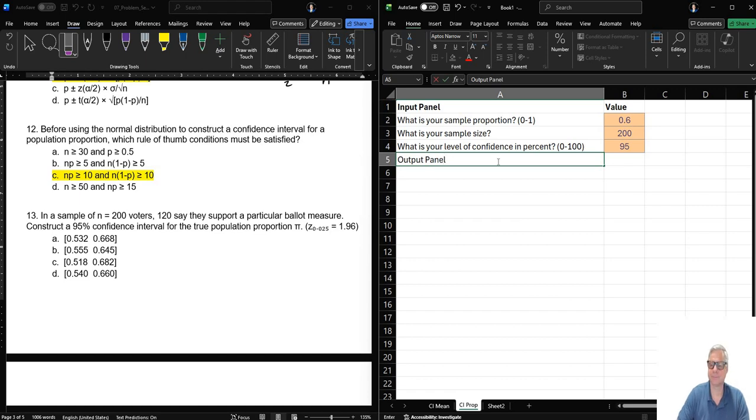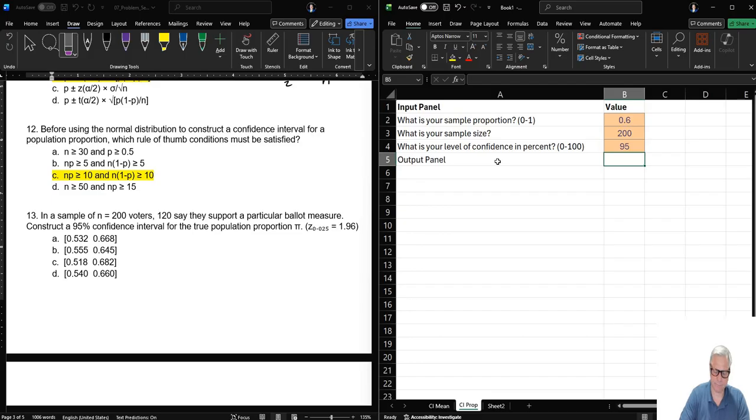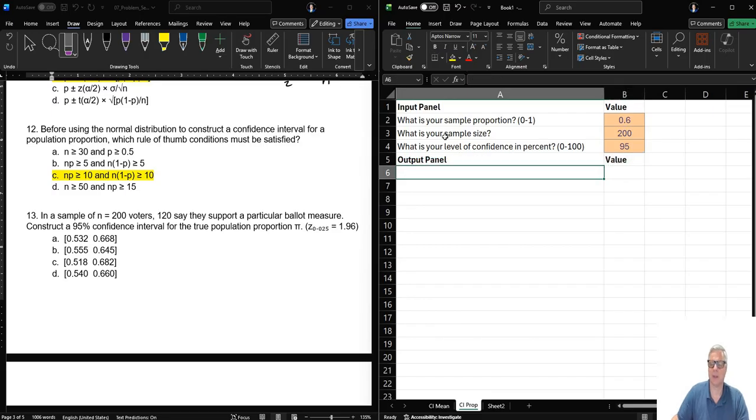So what we actually can do is we can now add here the output panel.